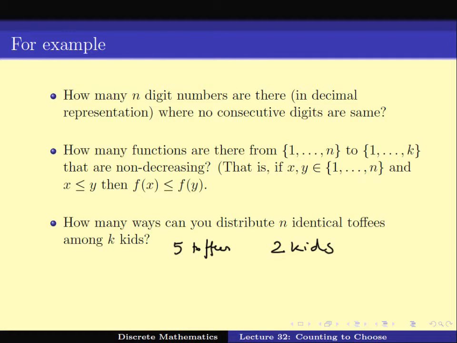I can give the first kid 3 and the other one 2. Or I can give the first kid 2 and 3 to the other one. Or I can give 1 and 4, or 4 and 1. Or I can also give 0 and 5, or 5 and 0. So you can see that there are 6 ways of giving these 5 toffees to these 2 kids.